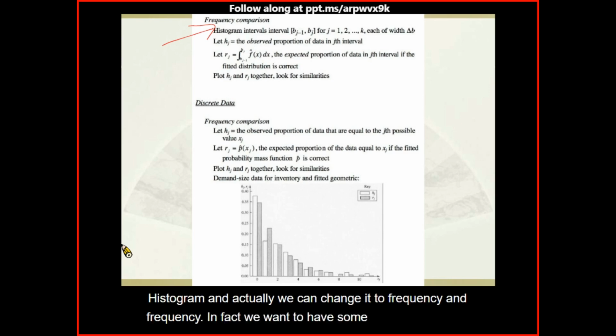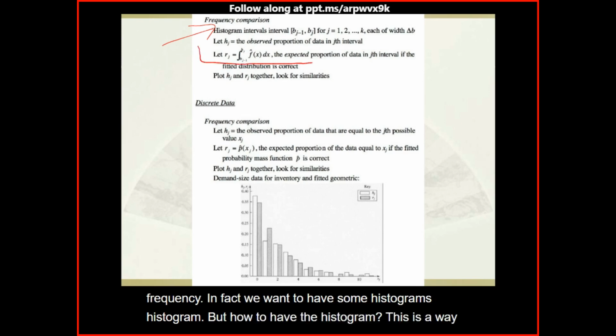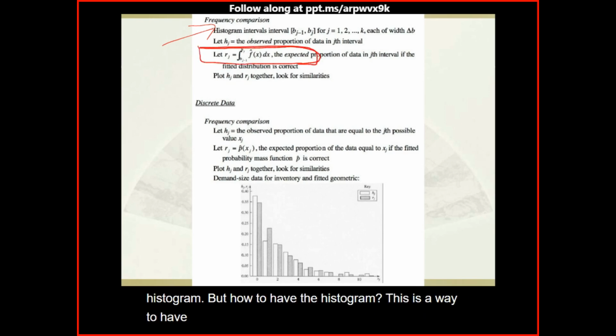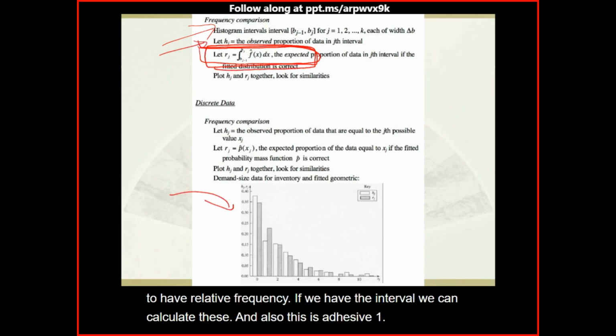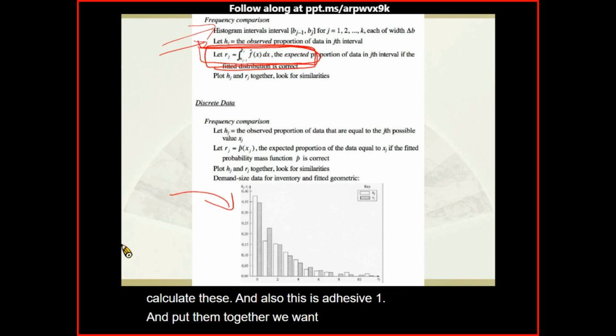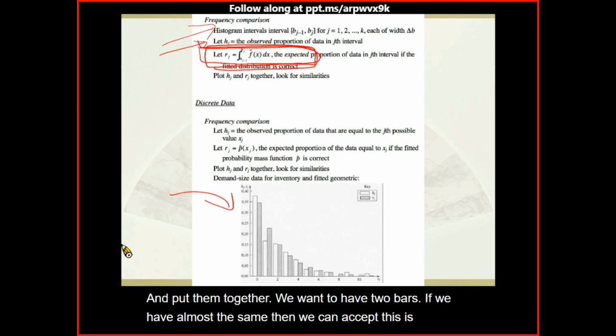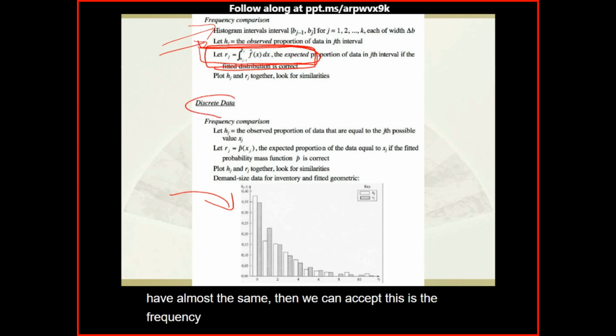This is a way to have a relative frequency. If we have the interval, we can calculate these. And also, this is a histogram. Put them together and we have two bars. If they are almost the same, then we can accept. This is the frequency comparison. Even for discrete data, we can do the same.